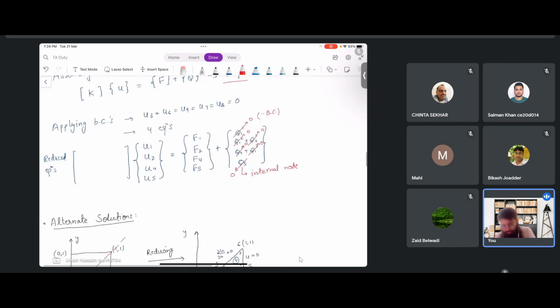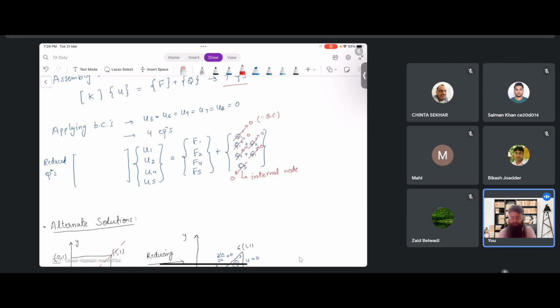So ultimately, we are left with four unknown variables, that is u1, u2, u4, u5. We know how to calculate the stiffness matrix, we know how to calculate the force vector, and regarding the value of the q vector, we need to look at the boundary condition.